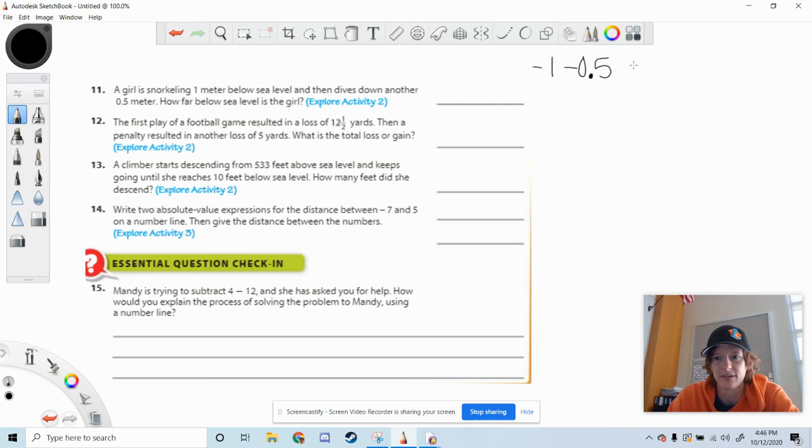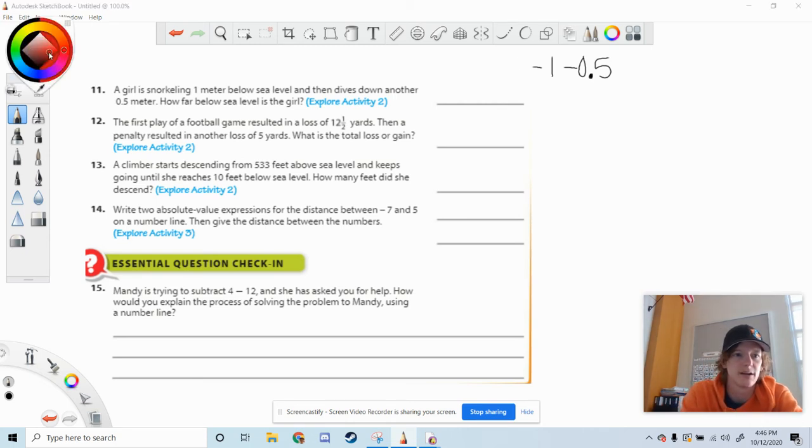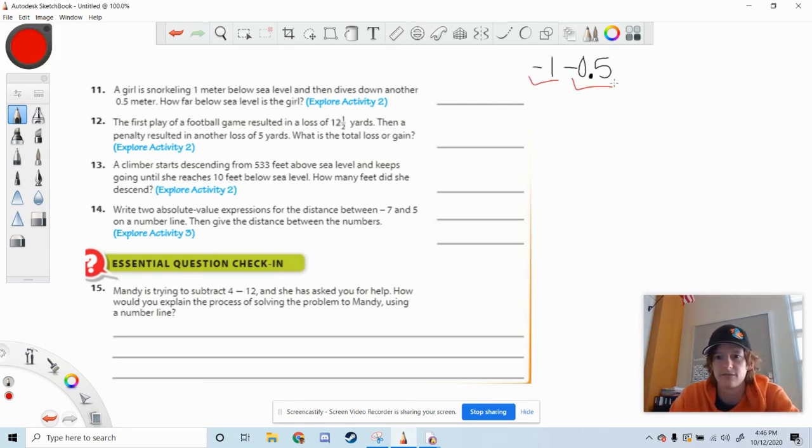So if I'm going to combine two piles of reds and reds, I'm going to have -1, make sure I line up that decimal, plus 0.5. I'll get rid of that negative because I know they're red. I'm going to have 1.5. And they are red counters, so she's 1.5 meters below sea level. Or how far below sea level? So she's 1.5 meters below sea level.